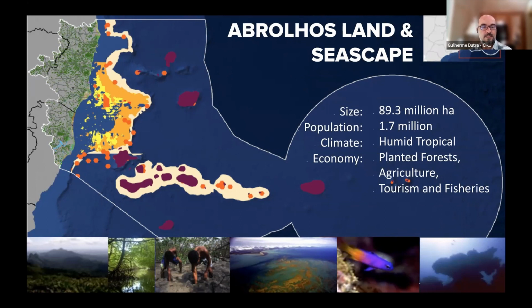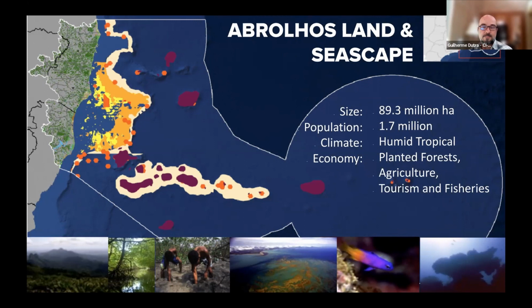Then we have the banks, the marine banks of Abrolhos and Royal Charlotte. We have this long seamount chain that goes from the banks to the oceanic islands, and we have two big oceanic islands that are the outer part of this seascape.